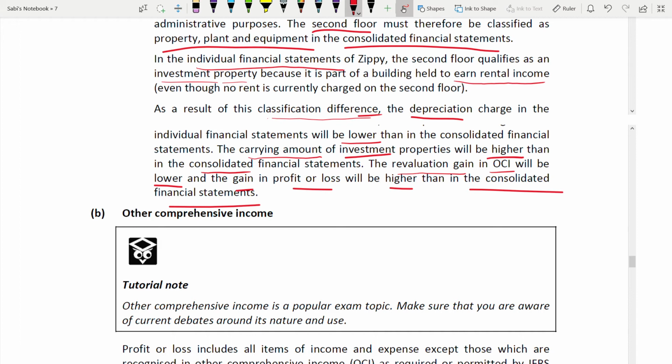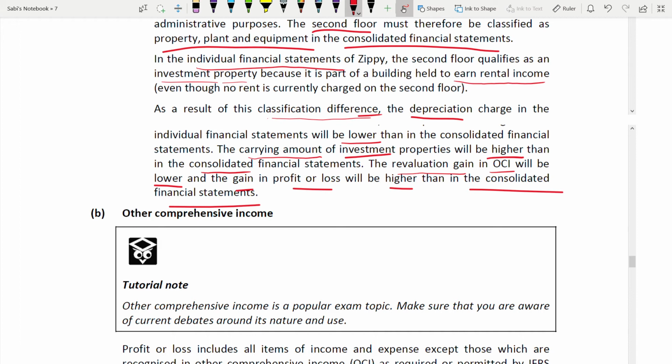Correct? Coming to the gain. Why will the gain be higher? OCI is lower, but the gain is higher in the individual financial statements because there is no depreciation in the profit and loss account, because it is investment property. So the gain will be higher. But in the consolidated financial statements, you have recognized 8 floors as investment and 2 floors as property, plant and equipment.